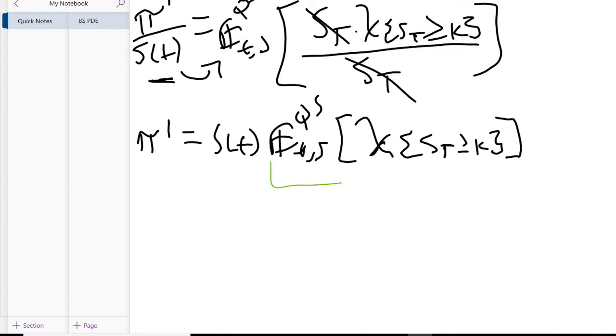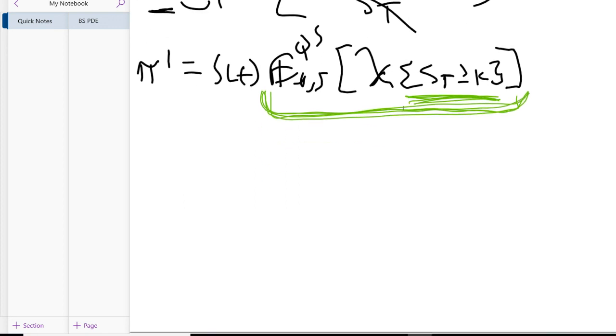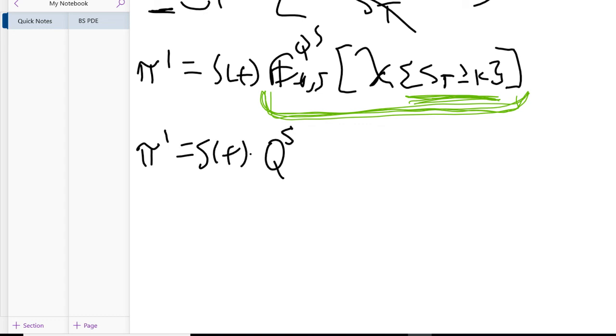Remember last time we said if we just get the expectation of an indicator function, it simply turns into the probability of this event happening. So we rewrite this: pi 1 equals S little t times the QS probability that the underlying matures at a higher value than the strike price.